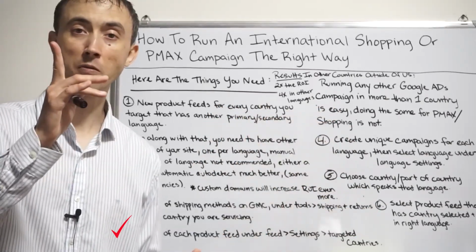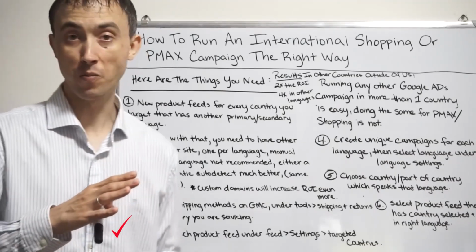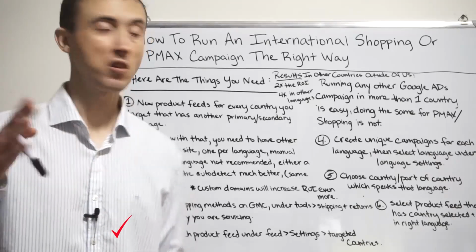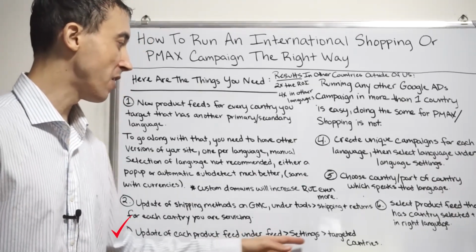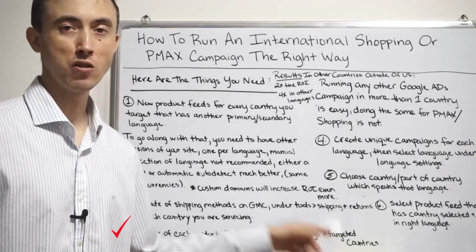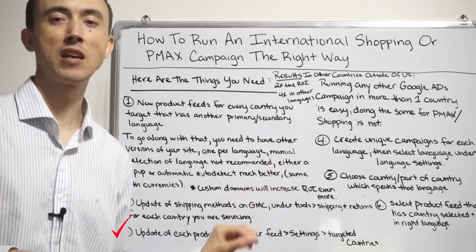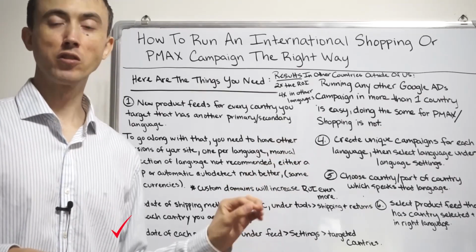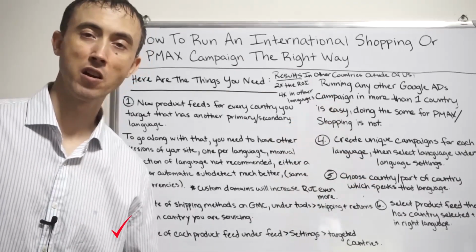So if you just have one feed because you're targeting only English-speaking countries, then under that feed, under settings, and under targeted countries, you're going to list every country you're going to ultimately target outside the US, or outside the country you're targeting now, or in general, you just basically are going to list every country you're targeting.